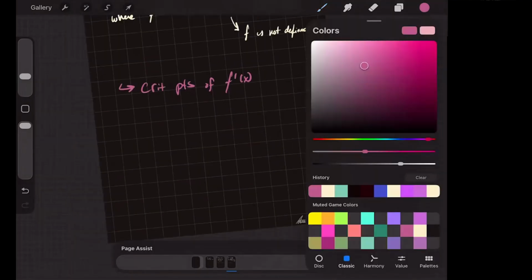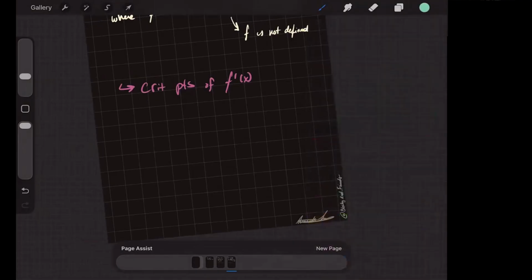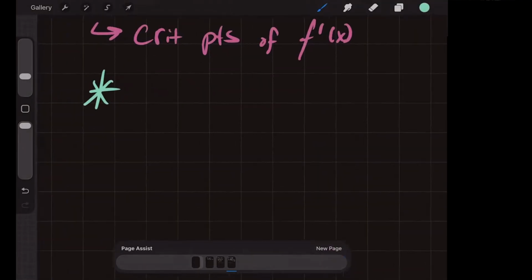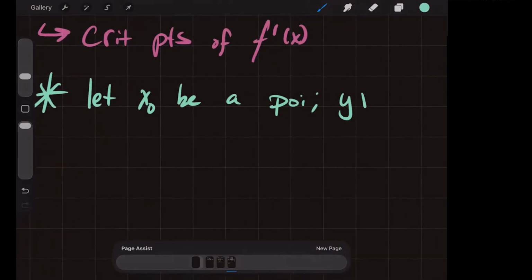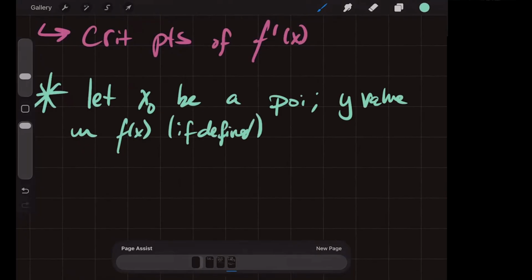And once you have these x values, so let x naught be a point of inflection, you know the y value in f of x, if defined, is x naught comma f of x naught.